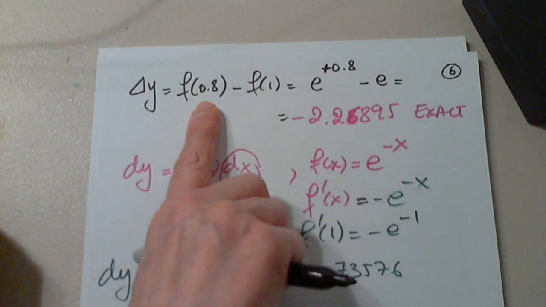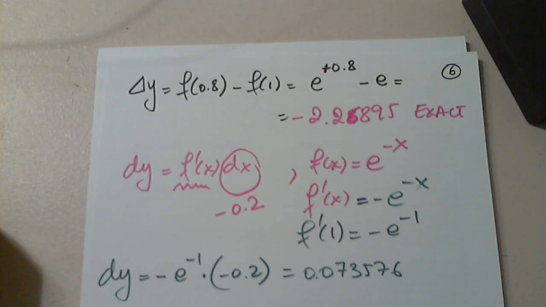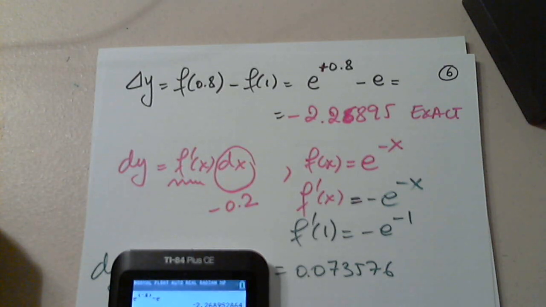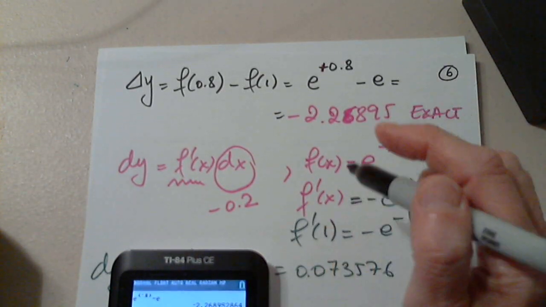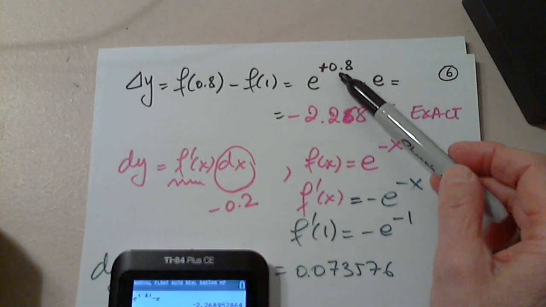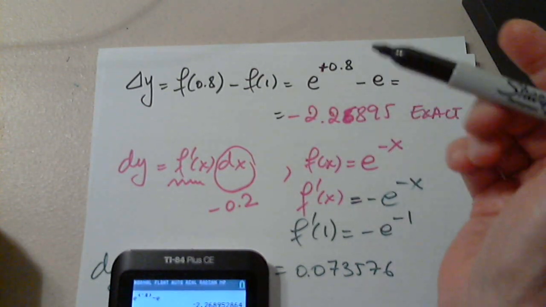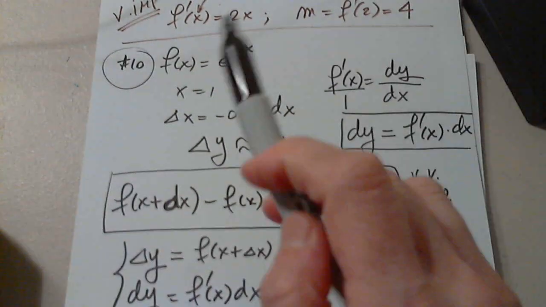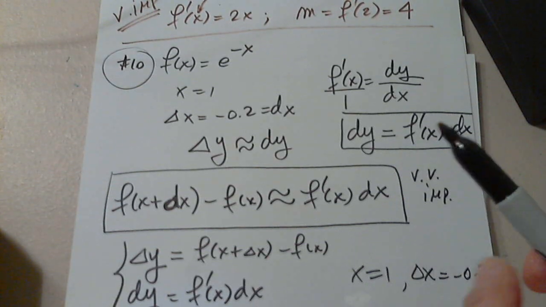So it was f of 0.8, however, I put negative 0.8. Why? No reason, no excuse. Okay, so e to 0.8 minus e to negative 1. So where did I copy? I don't know where I copied. It was e to negative x.